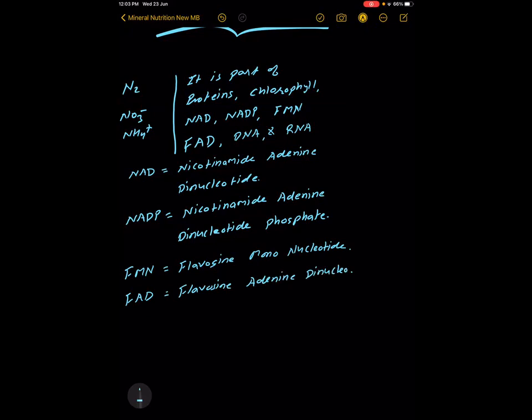DNA is deoxyribonucleic acid, RNA is ribonucleic acid. So NAD, NADP, FMN, FAD, and ATP, adenosine triphosphate.